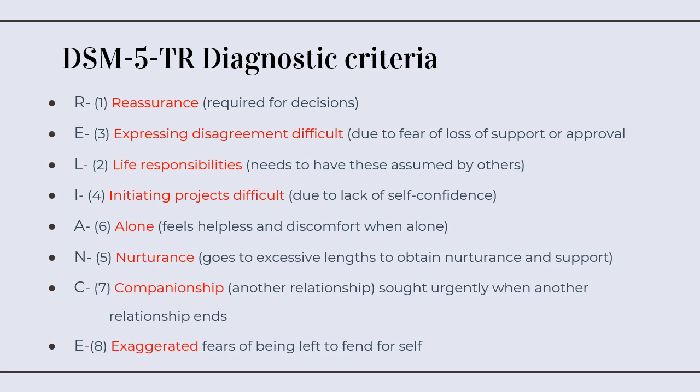Then we have diagnostic criterion 7, which is C, which is urgently seeking another relationship as a source of care and support when an old close relationship ends. Lastly, we have E, which is the last diagnostic criterion, which is this person is unrealistically preoccupied with fears of being left to take care of himself or herself.